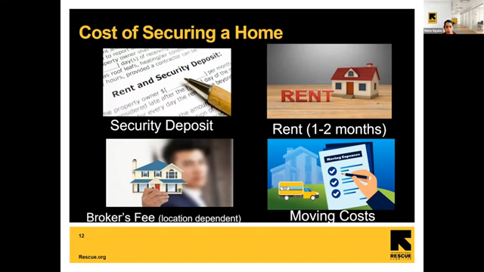So if something were to go wrong in the apartment, like there was a lot of damage to it, or if for some reason you don't pay your rent, this security deposit is meant to be a backup so that the landlord has something in case something goes wrong with their tenant.